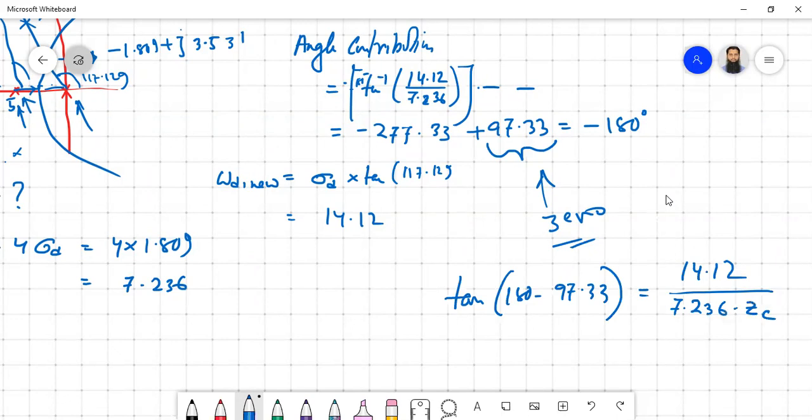You have to be careful about whether it is ZC minus this or this minus ZC. It actually comes from the angle. If the angle is more than 90 degrees, this value has to be higher than this one. So now if you solve it, then what you're going to find is ZC location has to be 5.42.